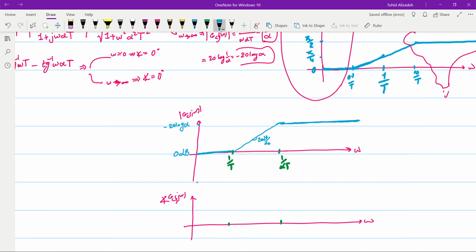In terms of the phase, initially it will start at 0 degrees or 0 radians. Eventually it will go to 0 as well. But as we approach 1 over T, the phase will increase. At some point it will reach its maximum value, and then it will start to decrease and go back towards 0.